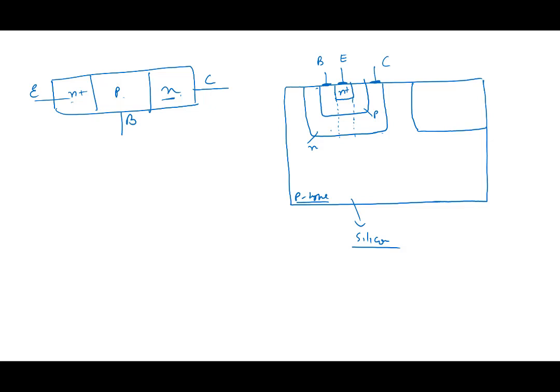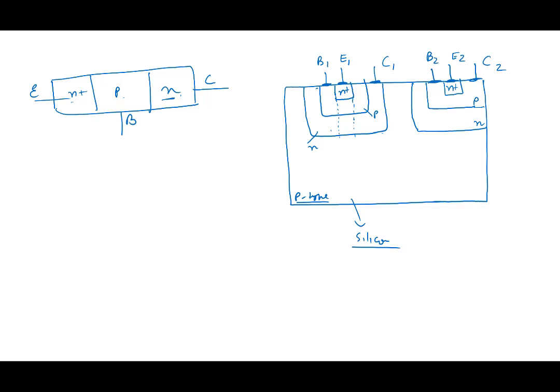Another transistor, N plus, P and N. This is another transistor. If we call it emitter 1, collector 1, base 1, this is emitter 2, this is base 2, and this is collector 2. Made on the same substrate.